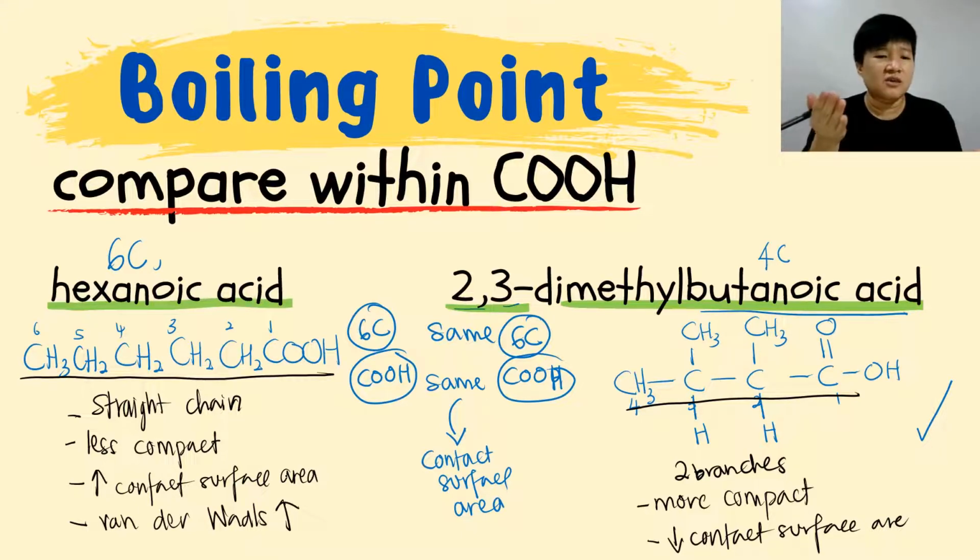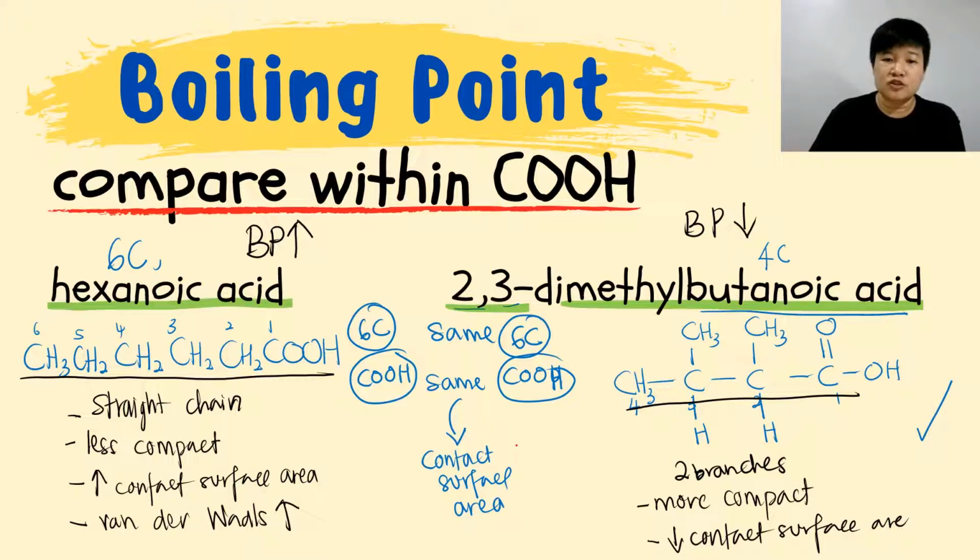And guys, stronger van der Waals forces, which one do you think have higher boiling point? Of course, the straight chain that having stronger van der Waals forces will have a higher boiling point compared to the branches that have a lower contact surface area and lower or weaker van der Waals forces.